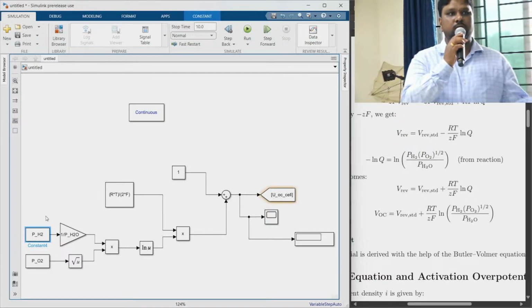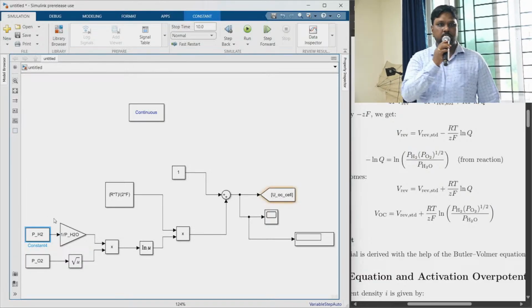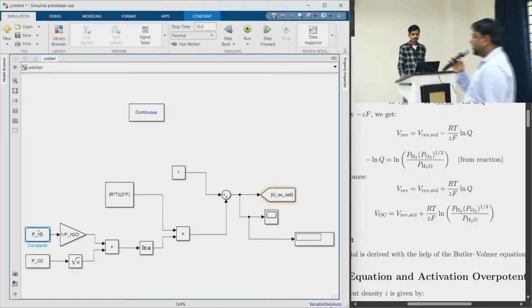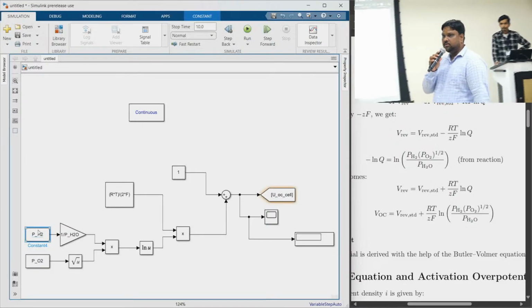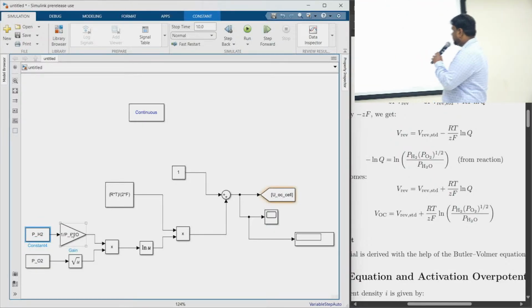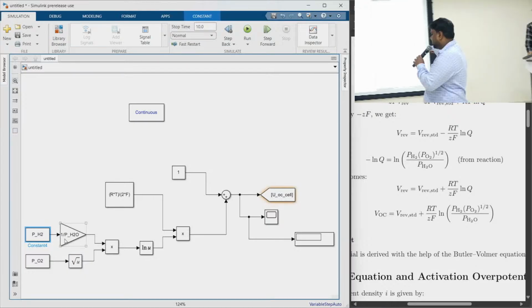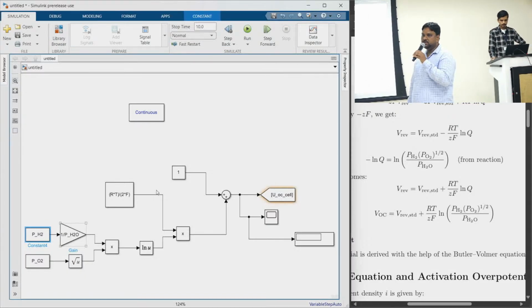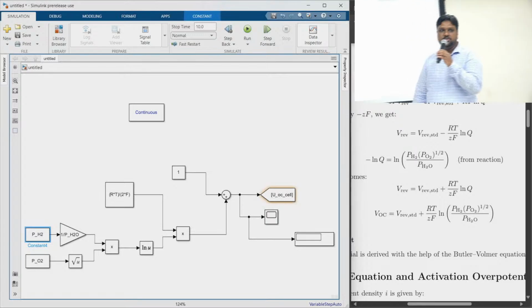Once you open one, you can copy paste. And then after PO2 there will be a gain block. That gain is 1 by, so basically the denominator of this function, 1 divided by P underscore H2O, partial pressure of water.